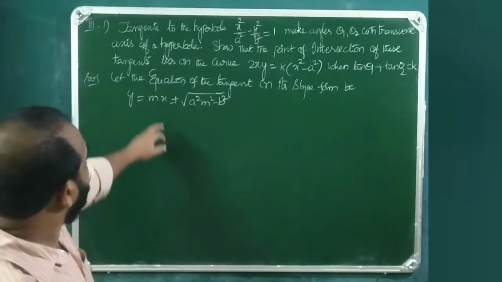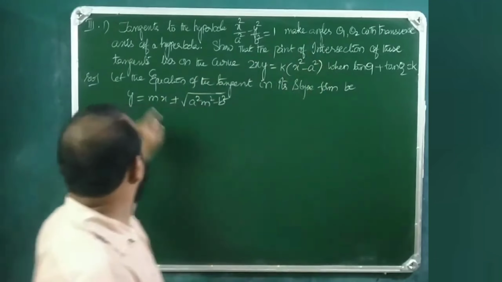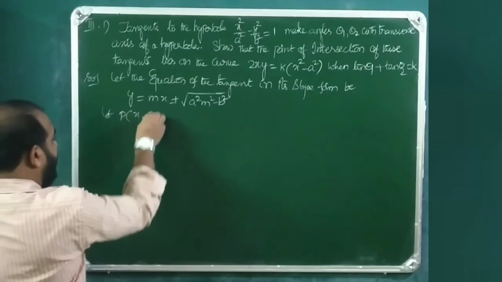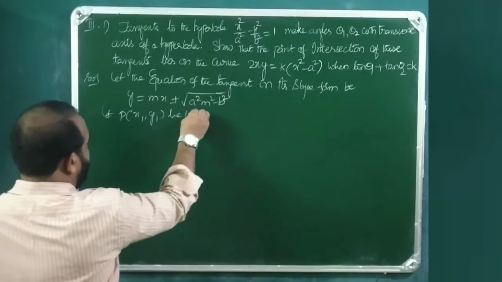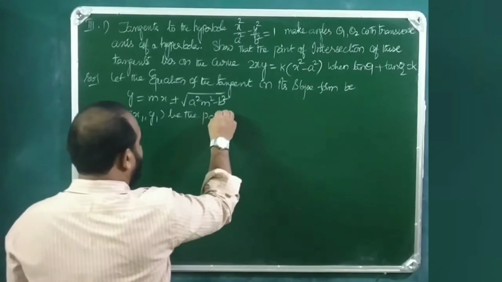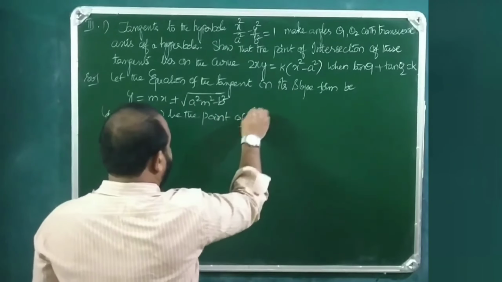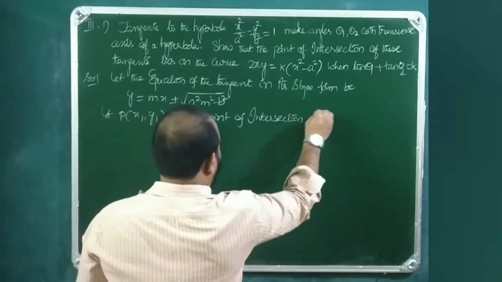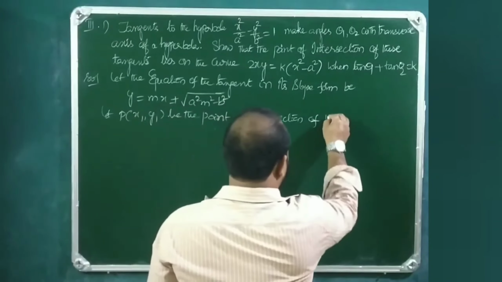So, to show the point of intersection of these tangents, let P(x1, y1) be the point of intersection of these tangents.